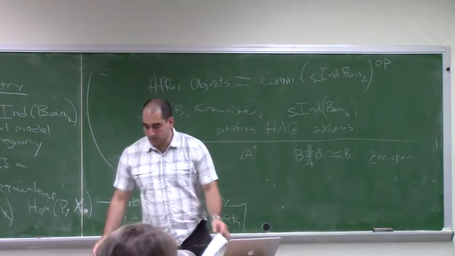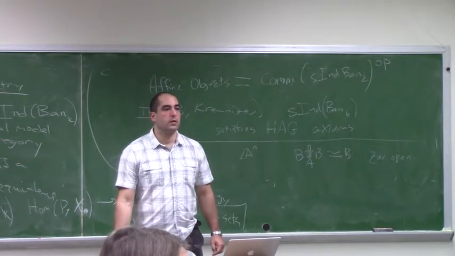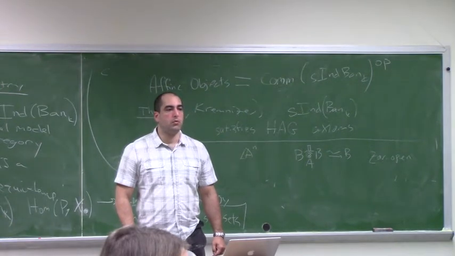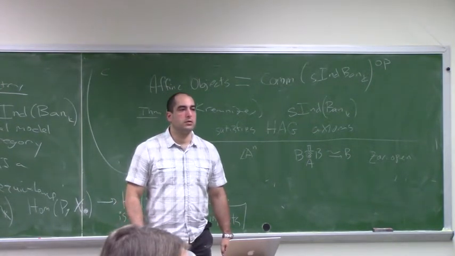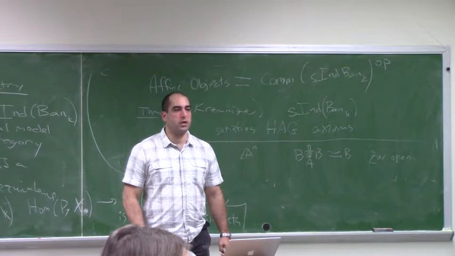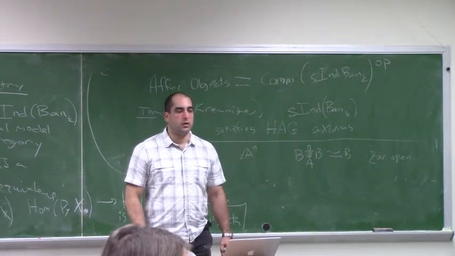You mentioned you can define Stein spaces in your context. Do you have an analog of the Oka principle? Remind me what that is. Basically, it says for a Stein space, the category of vector bundles is the same as the smooth category.